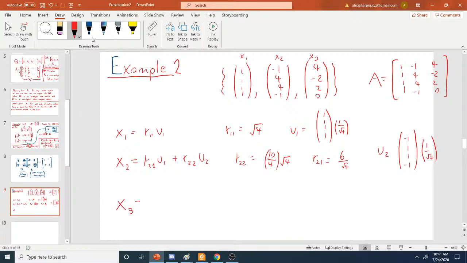And I also found that x3 was equal to r31 times u1 plus r32 times u2 plus r33 times u3, where r31 was equal to the square root of 4, r32 was equal to negative the square root of 4, and r33 was equal to 2 over the square root of 4.